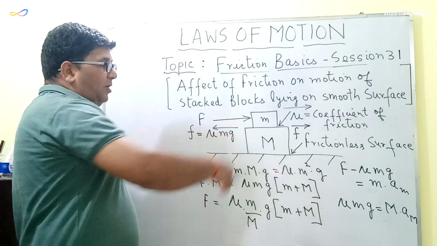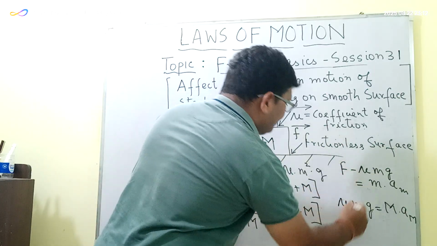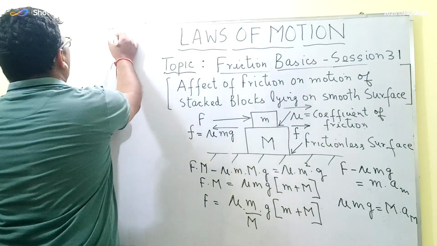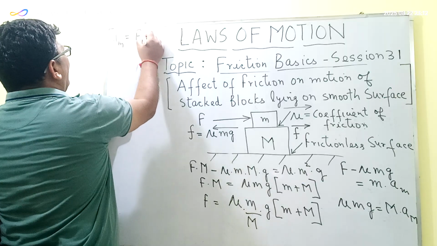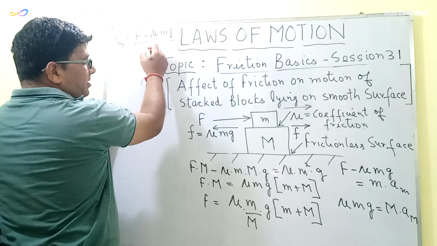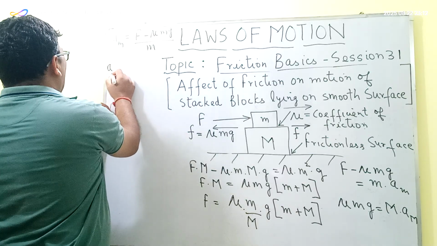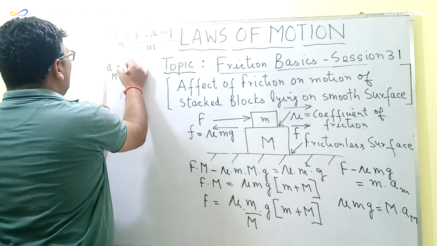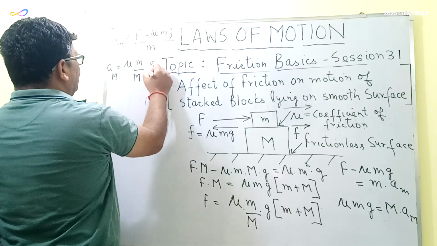So if the blocks do not move together, then the acceleration of this upper block, that is a small m, will be equal to F minus mu mg divided by small m, and the acceleration of the lower block, that is a capital M, will be equal to mu small m divided by capital M into g.